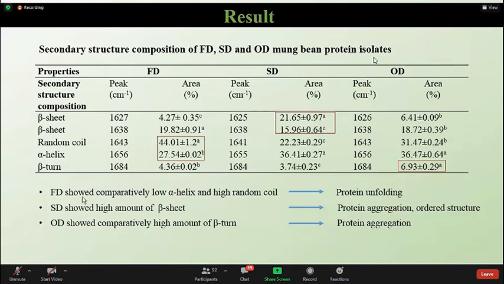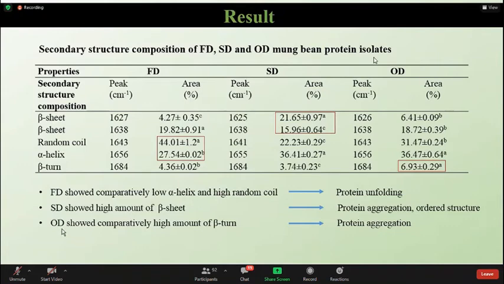If you look at the freeze drying, it shows comparatively low alpha helix and also high random coil, meaning that the protein has undergone unfolding. And if you compare with spray drying, it showed very high beta sheet. This is an indication of protein aggregation and ordered structure during the drying process.